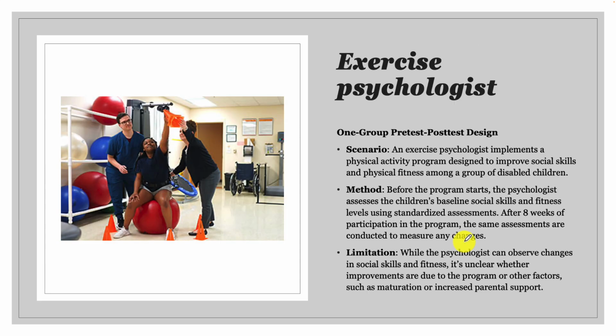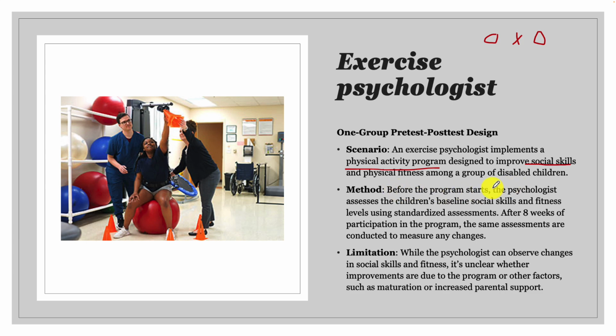I did not forget about you guys. So if we did a one group pre-post-test design, again, that looks like this. We have a single group baseline measurement, we have intervention, and we have post-measurement. We want to implement a physical activity program designed to improve social skills and physical fitness among disabled children.